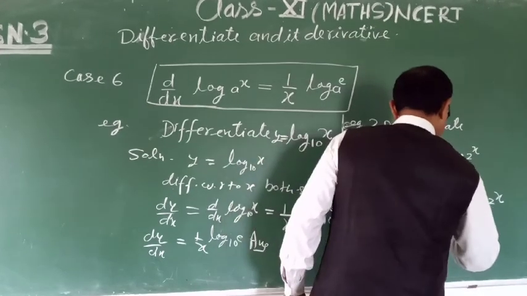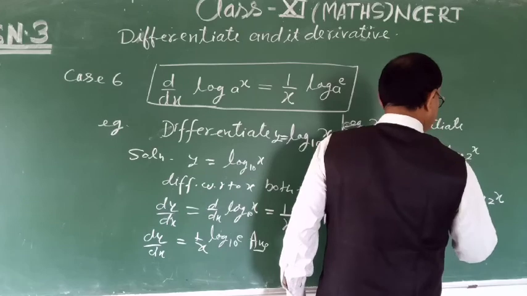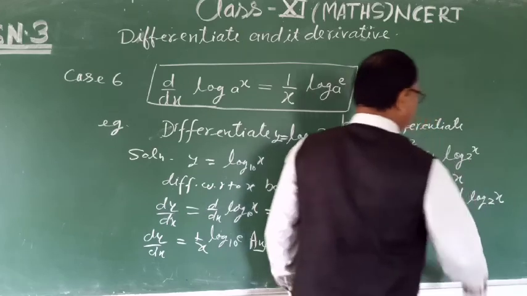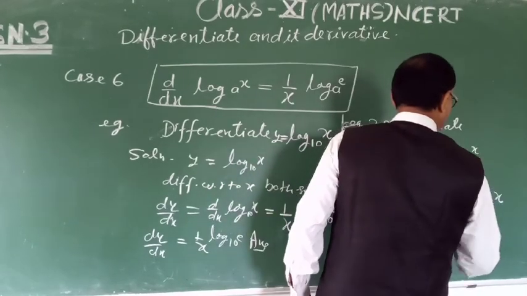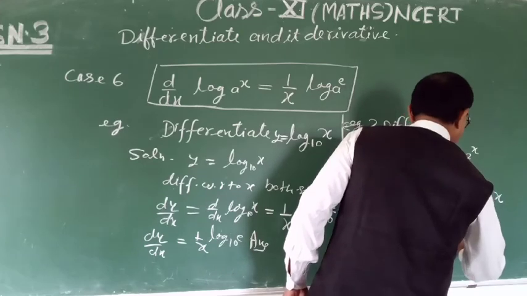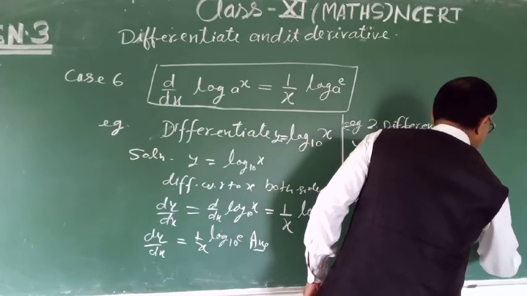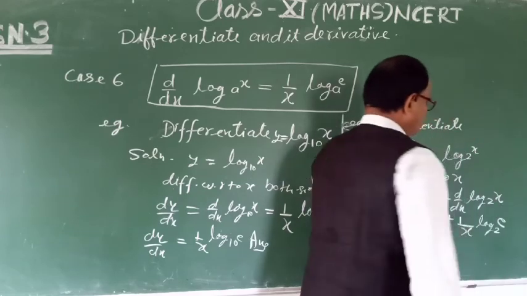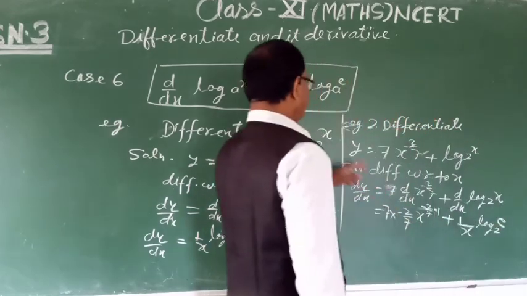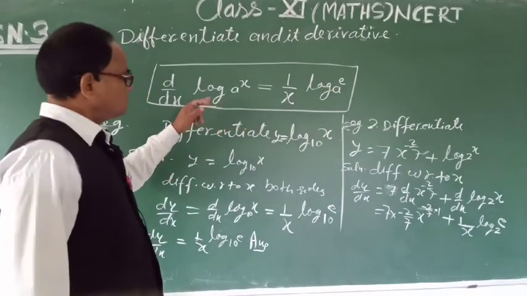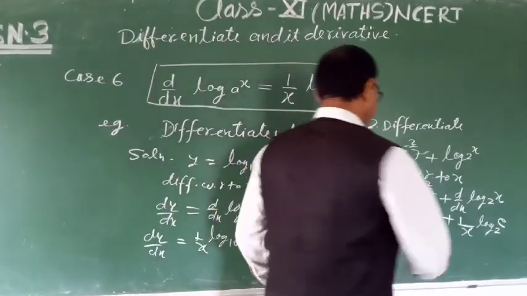Okay student, and here d upon dx log 2 to the power x, we write 1 by x log 2 to the power e by this formula.